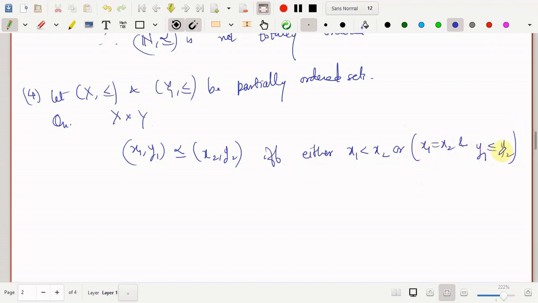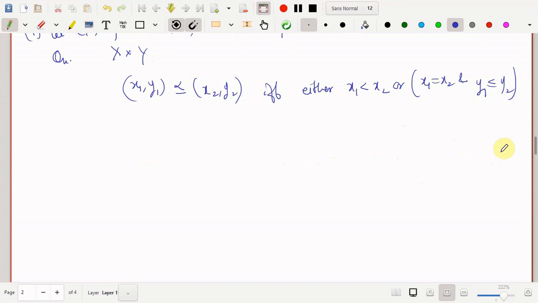That is, y1 is related to y2 or y1 is the same as y2. If X and Y individually are partially ordered, then we claim that X cross Y along with this relation is partially ordered. I will not mention the justification; one can prove this. And further, if X and Y are also totally ordered, then X cross Y along with this relation is also totally ordered.